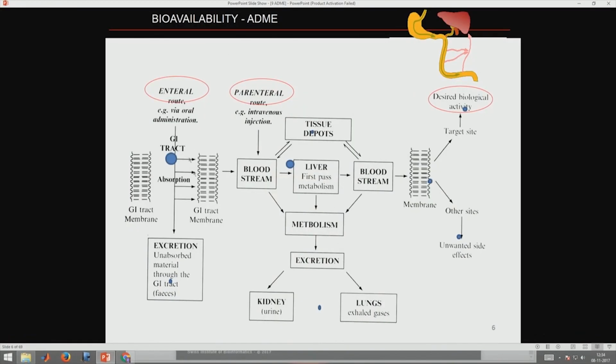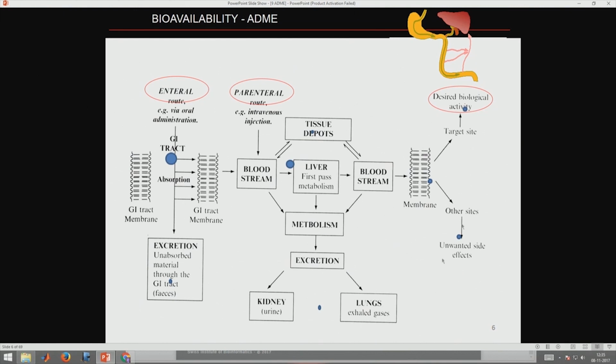This determines the drug dosage, and it even determines toxicity, because if the bioavailability is poor, the patient has to be given large quantities of the drug, so it could be toxic. If the bioavailability is very good, the patient has to be given a smaller quantity. If too much drug gets excreted, that means if the half life is very short, the patient has to be given the drug frequently, so the dosing times increase.